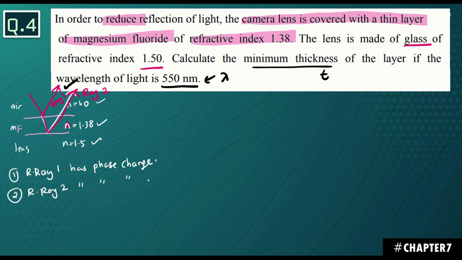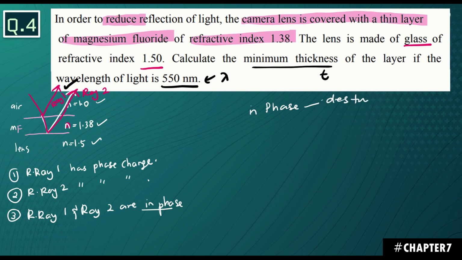So since both rays have phase change, ray 1 and ray 2 are in phase. So this is the case of in phase, destructive or constructive.